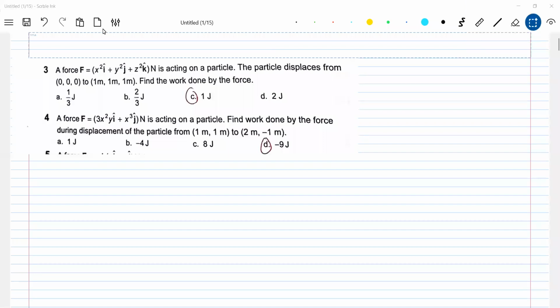So what is the basic definition? Work done equal to the integral of F bar dot dr bar, because it is moving in space. So write dr bar. Now what should be the limit? 0, 0, 0 to 1, 1, 1.